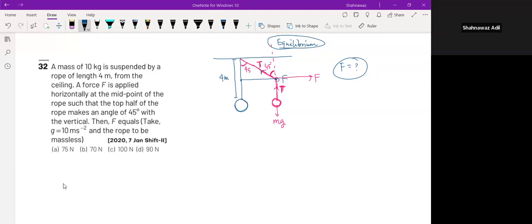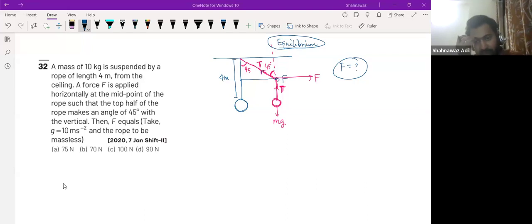Please solve this question. Everything is there. Please solve this one and tell me what answer you are getting. You have to just resolve this tension component and then find out the answer.